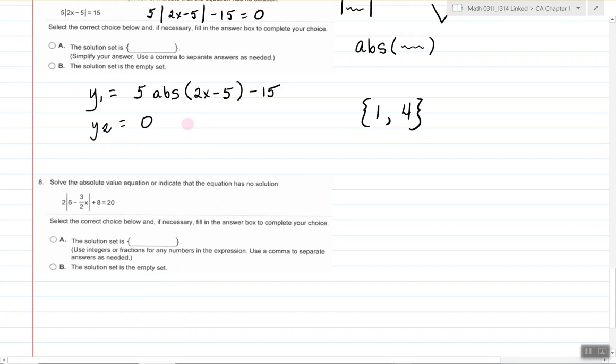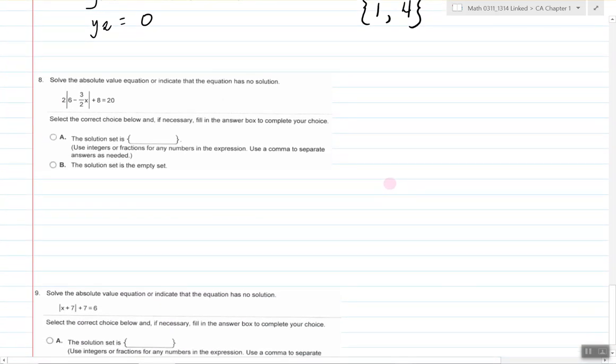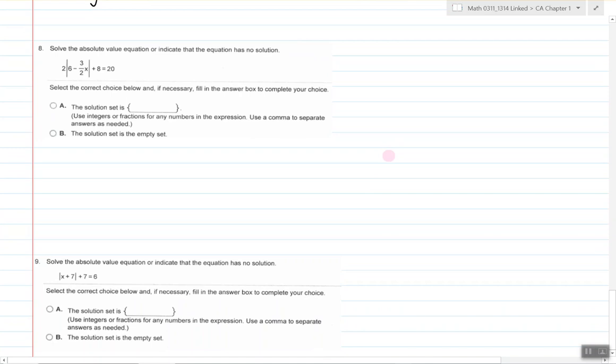Let's look at number 8. All right, this one looks like it may be a challenge to type in. I have 2 times the absolute value of 6 minus 3x over 2, close absolute value, plus 8 minus 20 equals 0. I'm not even cleaning this up. You could, but I'm not going to.